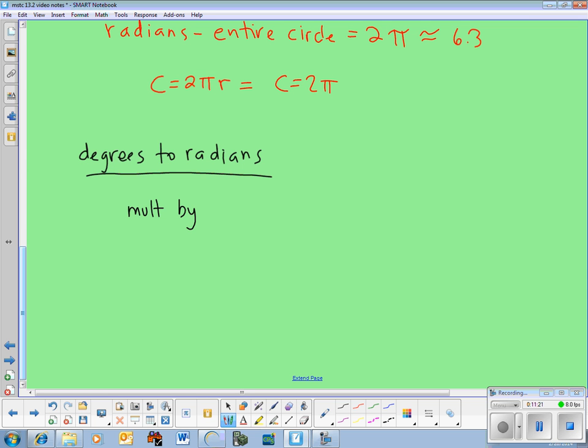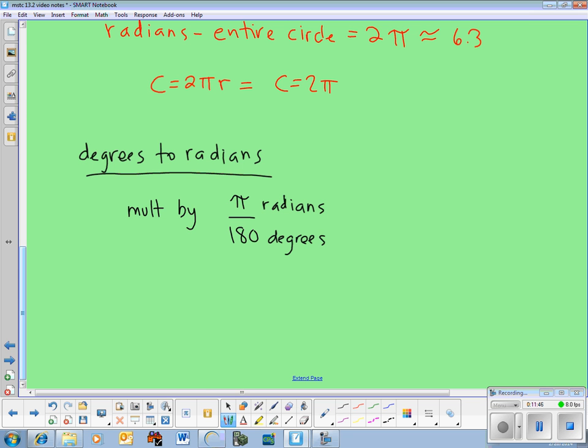You've rationalized denominators by multiplying by the square root of 5 over the square root of 5. Same idea here. If we want to get rid of degrees and call it radians, we multiply by pi over 180. This is 1. It's just our clever way to choose 1 so that it changes the units for us.